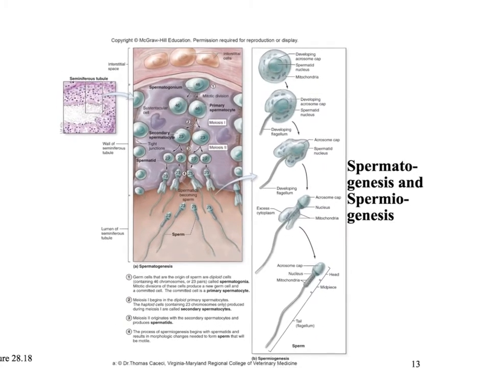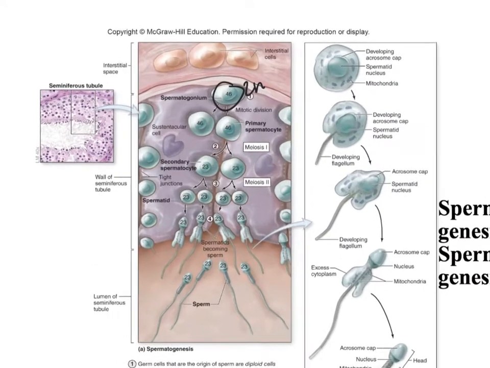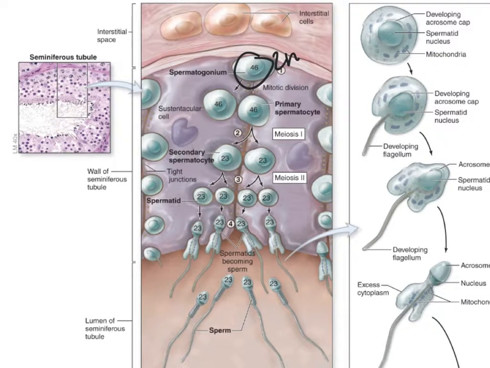So you have your diploid cell at the beginning, your spermatogonia, which is right here, diploid, 2N. Then it starts to divide and undergoes meiosis.